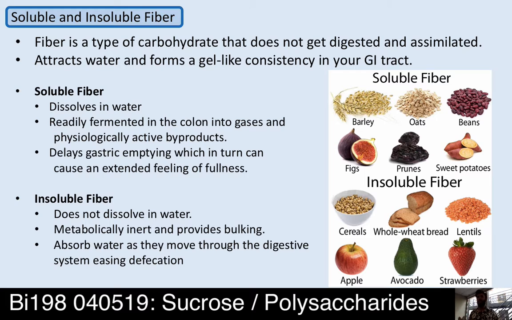And chia seeds you soak them in water. They get that slimy consistency. That's soluble fiber. Sources of insoluble fiber: the grains like cereal, anything that has the whole wheat berry, apple, lentils, avocado, strawberry. These all have great amounts of insoluble fiber in them.